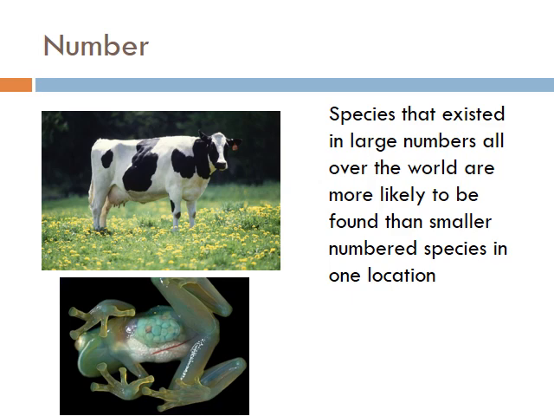This is a glass frog. It lives in a 2-mile square region of Madagascar. The odds of finding the fossil of a glass frog are insignificantly small compared to finding that of a cow in millions of years. Because you have to be looking in exactly the right place, and you would have no idea what that is.